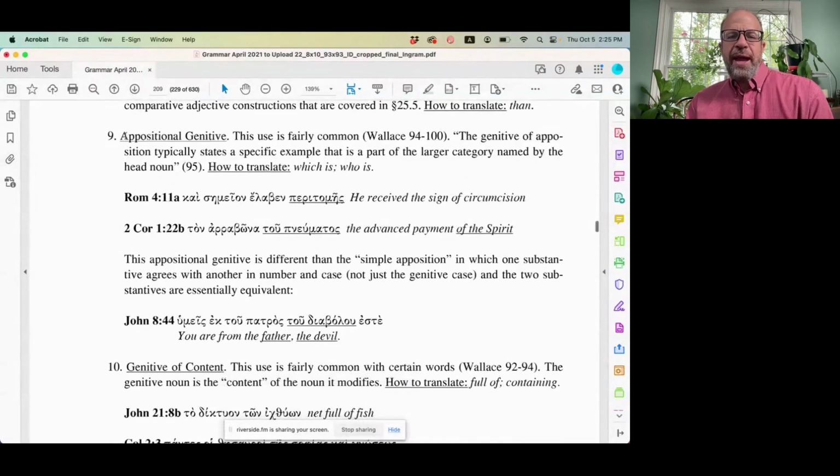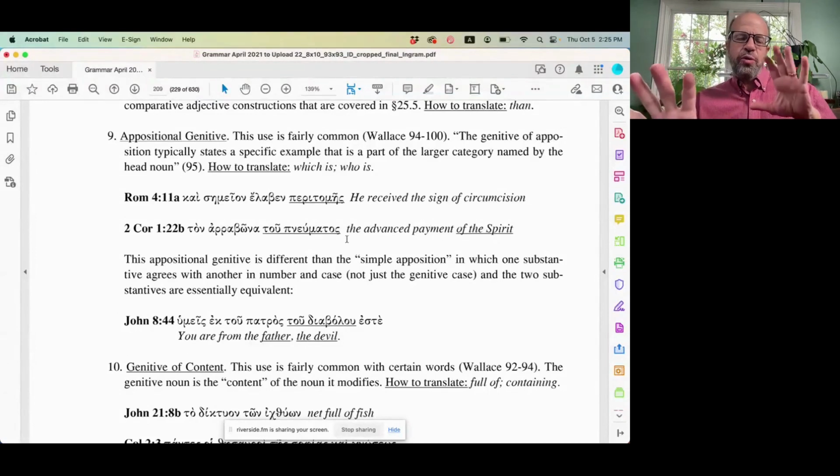We did talk about the appositional genitive, and there is a slight distinction in that it's one thing to abut two genitive nouns together, and the second one is pretty much defining the first one.